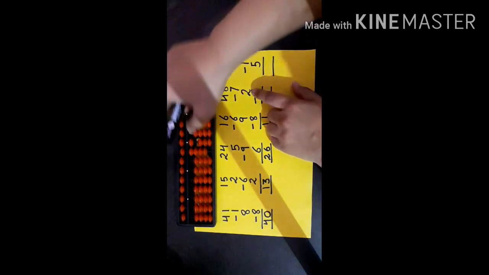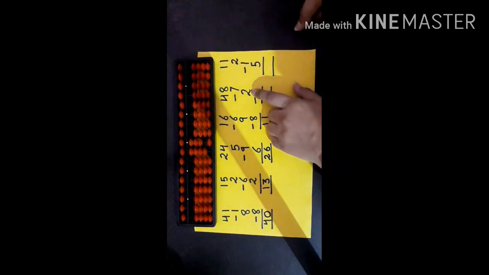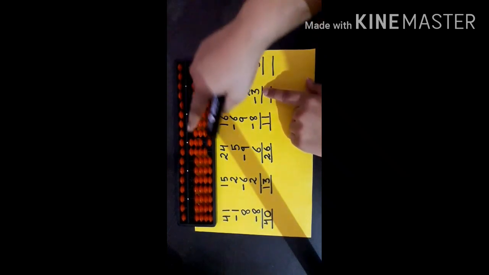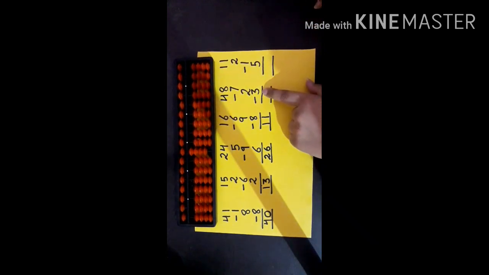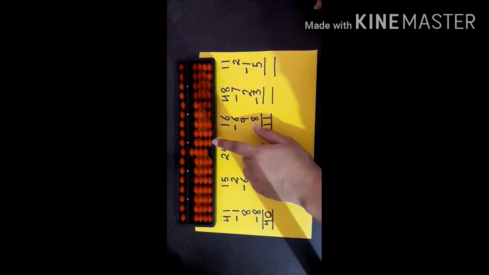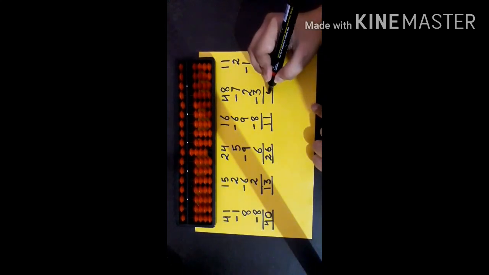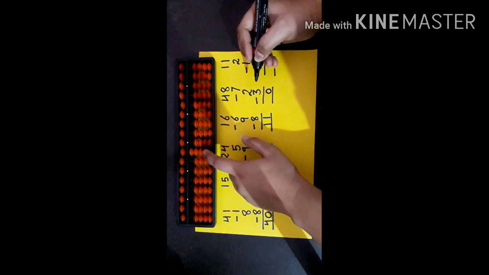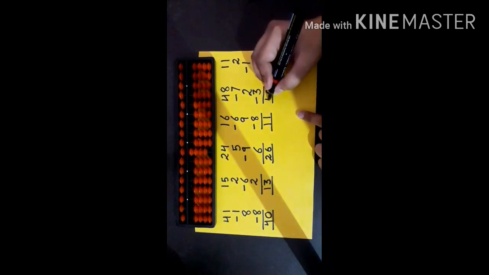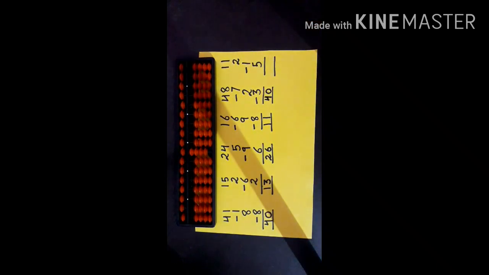Now 2 you have to add. 1, 2. And minus 3. 1, 2, 3. So what is the answer? See, in units rod nothing is there, means 0. And in tens rod 4 is there. 1, 2, 3, 4. So the answer is 40.